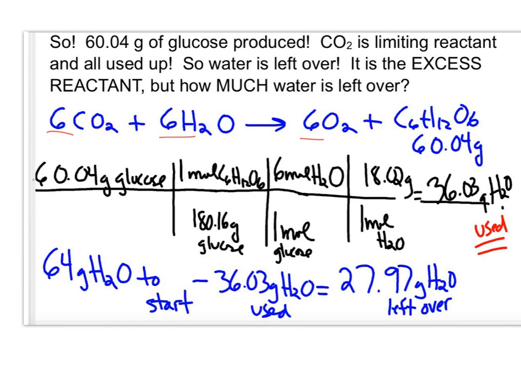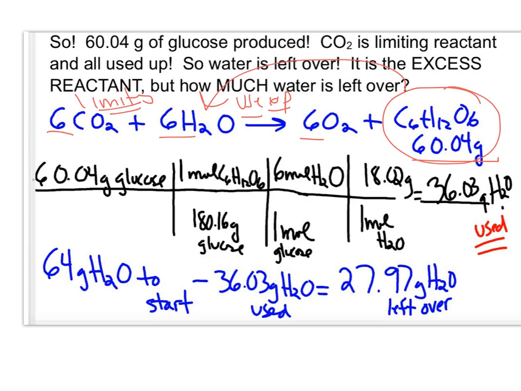So here's how you do this. I know I am going to make 60.04 grams of glucose because remember, I am going to run out of my carbon dioxide, okay? But now I want to know how much of the water am I actually going to use up. I need to know how much water I'm going to use before I can figure out how much is left over. So I'm going to do a final stoich problem.